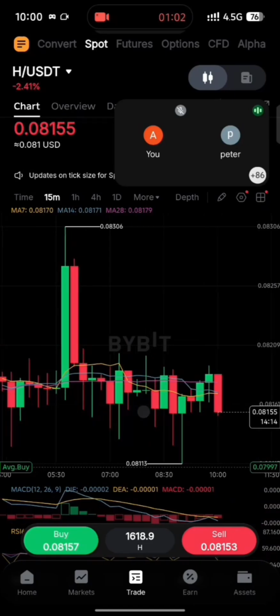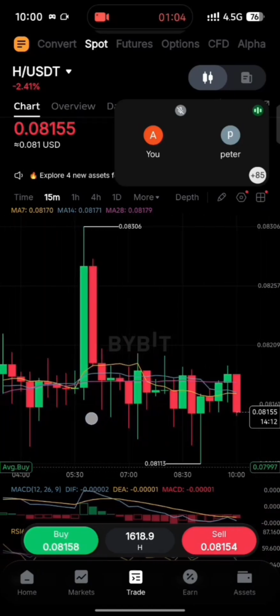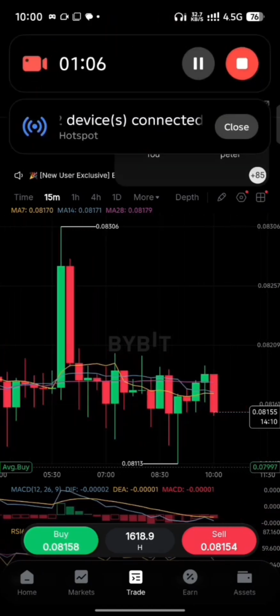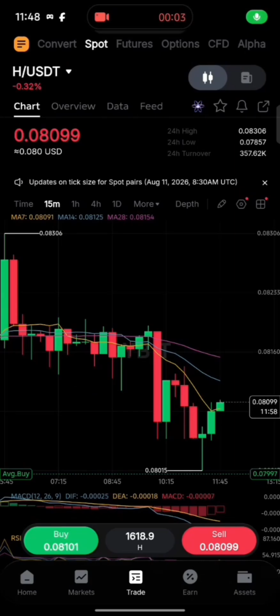You must also pay attention to support and resistance. So you can see I just took my trade here because I told you that each time you see a hammer, it's an opportunity. I stuck this trade here with 60 USD.